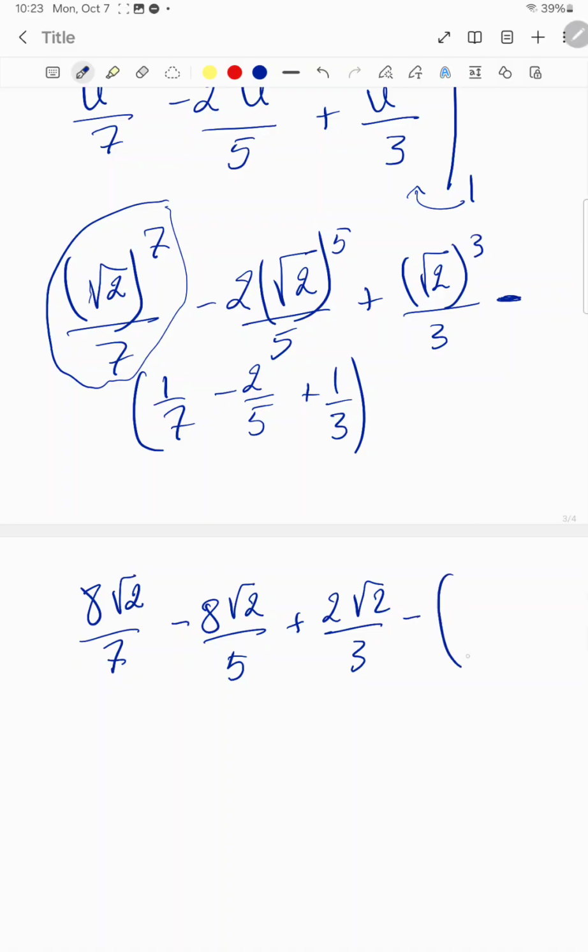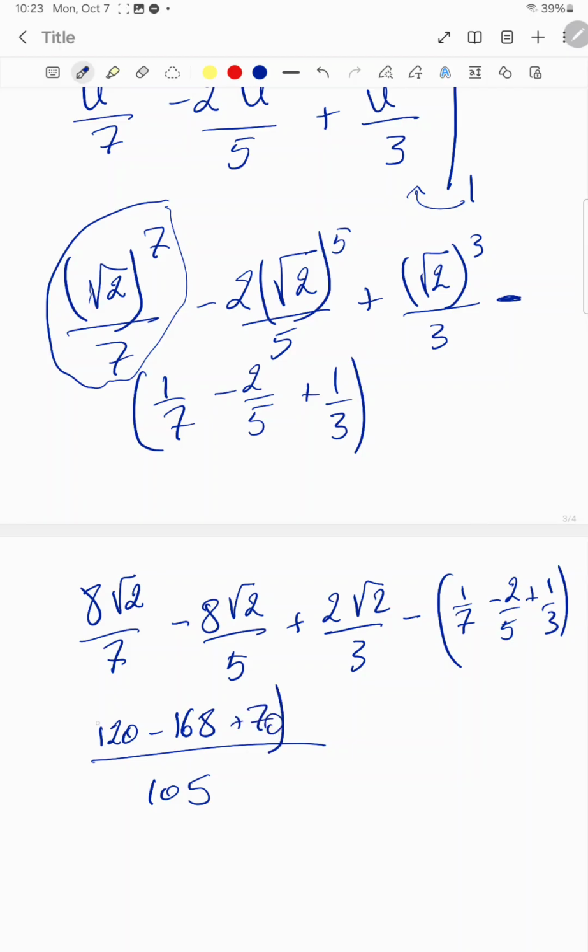So minus, I'll keep this as 1 over 7 minus 2 over 5 plus 1 over 3. And my common denominator becomes 105. And here I have 120 minus 168 plus 70, all that multiplied by square root of 2, minus, and I put the minus beside my division, because it will be distributed to everything inside that fraction.